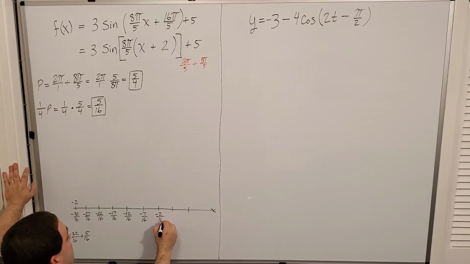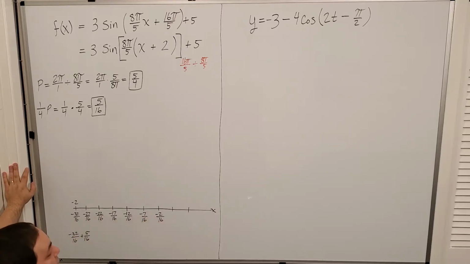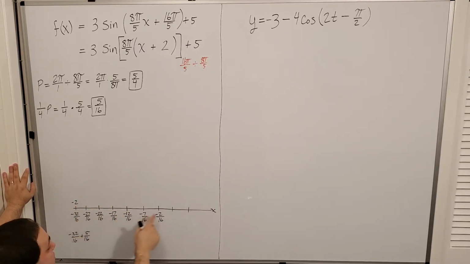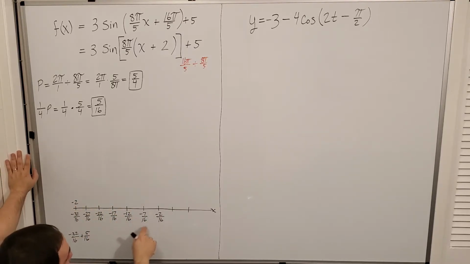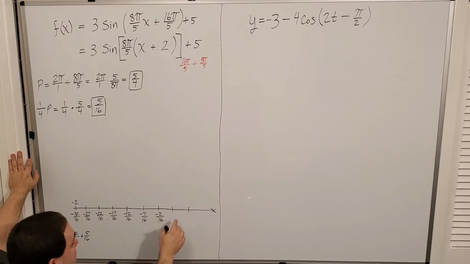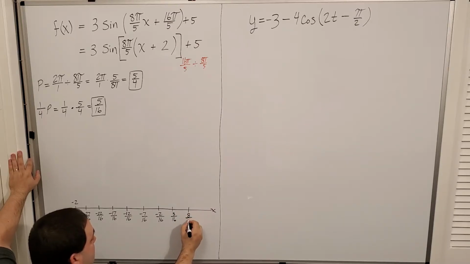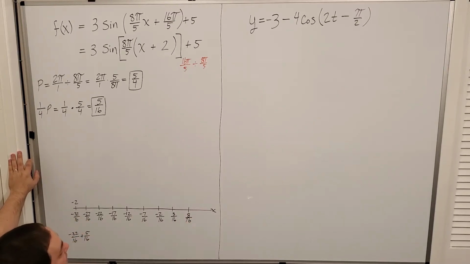Then -2 sixteenths. Yes, I know I could be reducing these along the way. That's not the point. As long as these denominators stay the same as the quarter period, I can just count by 5s. See, I'm just adding 5 every time. -2 plus 5 is 3 sixteenths. And then 3 plus 5 is 8 sixteenths. If you want to keep going, you can. I have fulfilled enough markers here to do 2 whole periods.